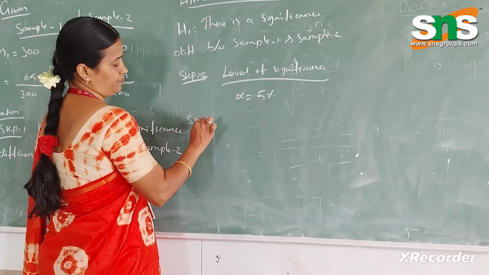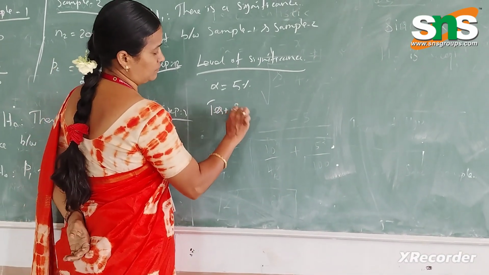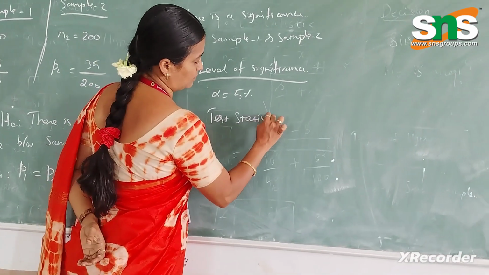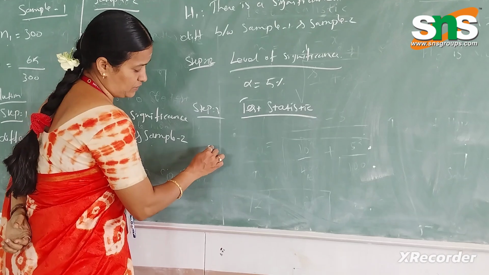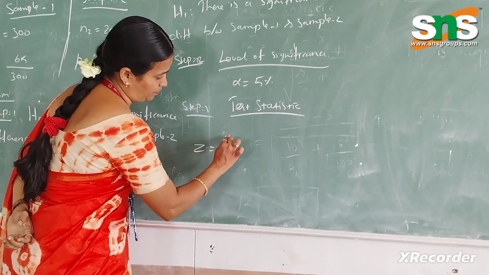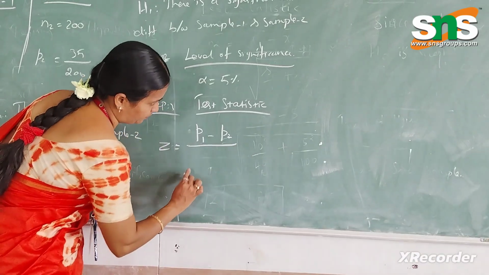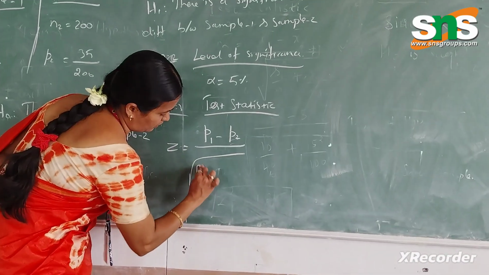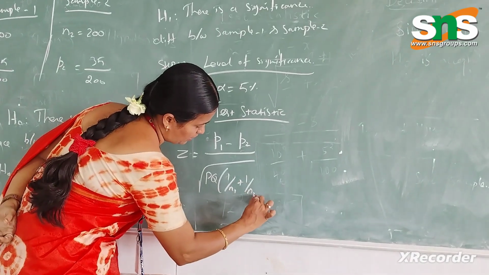Step 3: test statistic. What is the formula for difference of proportions? This is a z-test, therefore z is equal to p1 minus p2 divided by the root of p q into 1 by n1 plus 1 by n2.